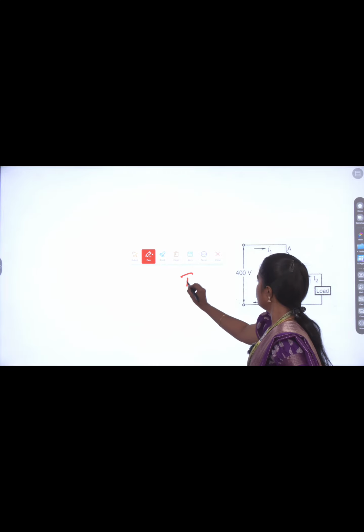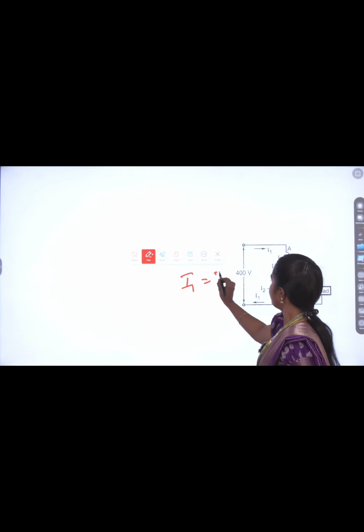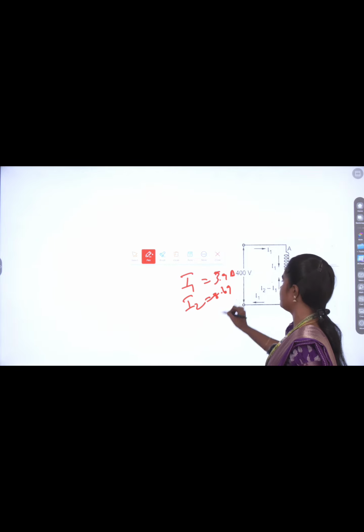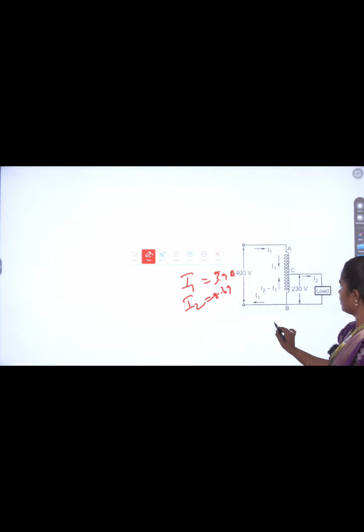The I1 value is 3.99 amps and I2 is 8.69. So subtract I2 minus I1, 8.69 minus 3.99, and the final answer is the DC current.